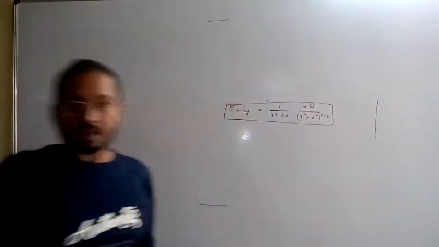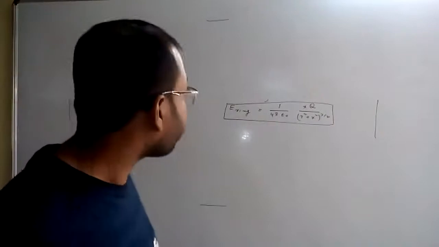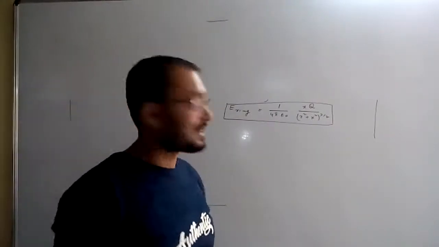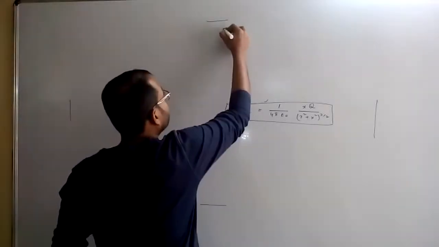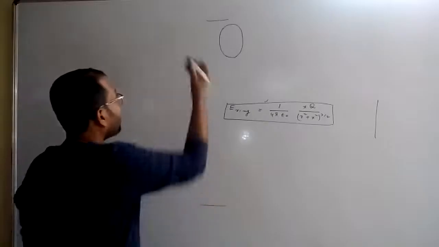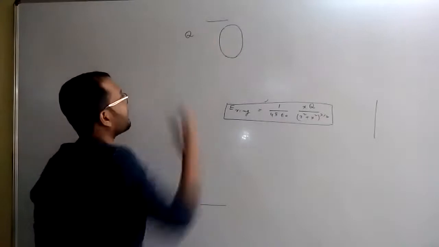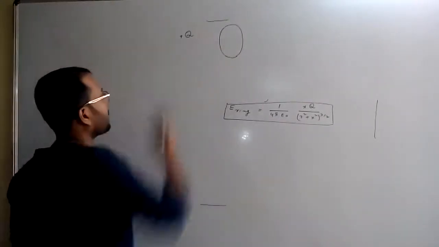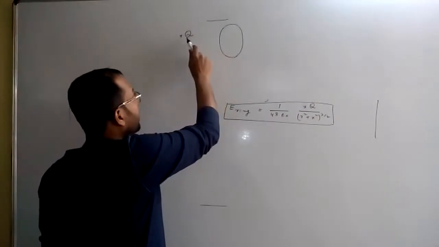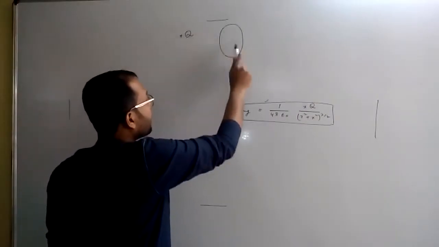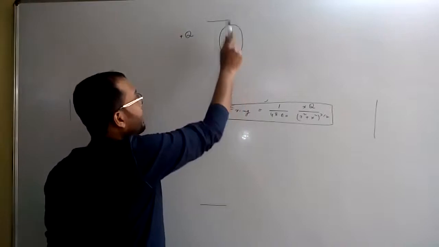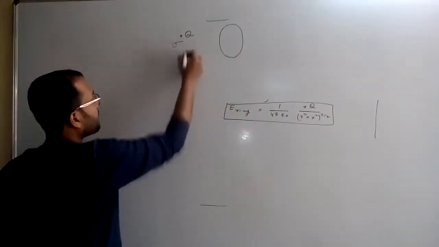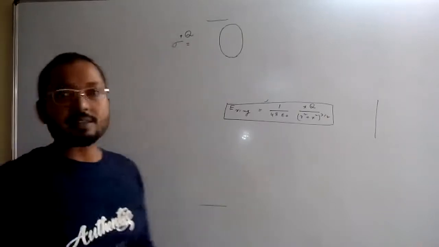What we had originally set out to do is to find the electric field at the axial point of a charged disk. So let's draw a disk, and let's say that the total charge that this disk carries is plus capital Q. This charge plus capital Q is distributed uniformly throughout the area of this disk, and therefore we can introduce a quantity called surface charge density.